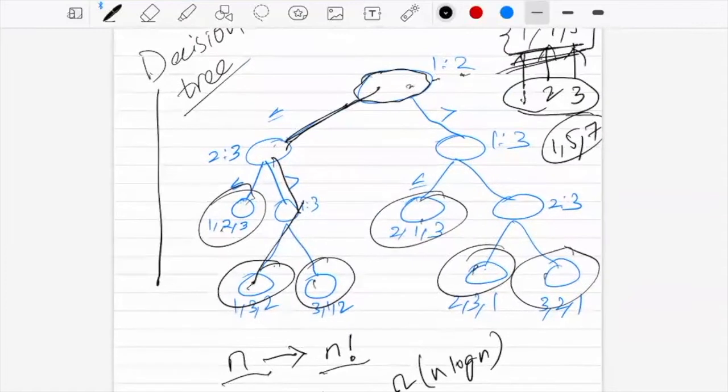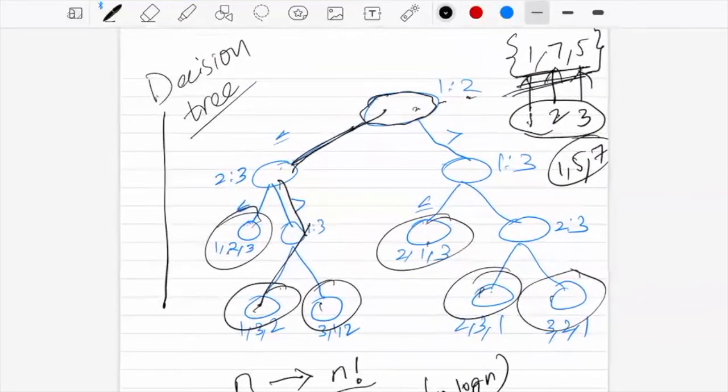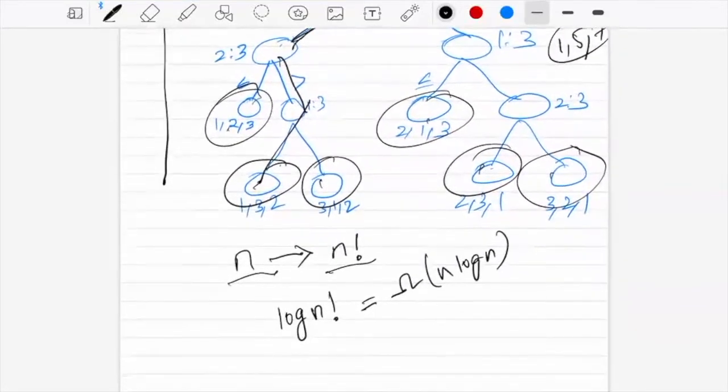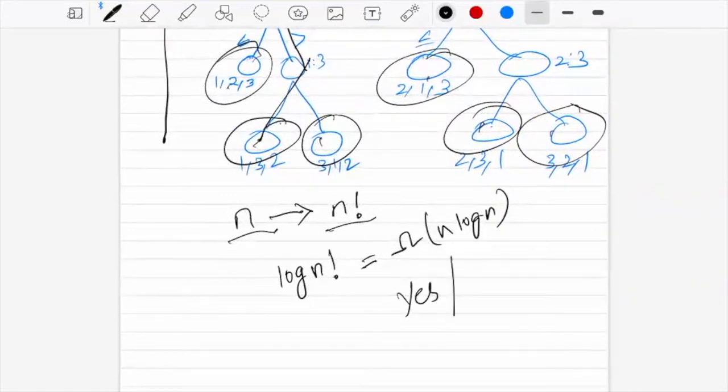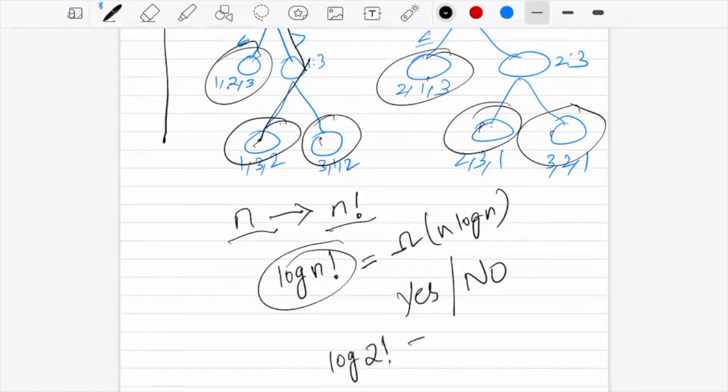But for the element distinctness problem, we have only two solutions, either yes or no. So if we try to prove it using this decision tree, the sorting lower bound with the log n factorial thing, we have only two solutions, log 2, which is basically 1.